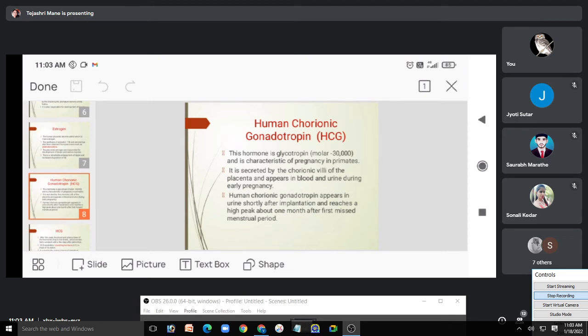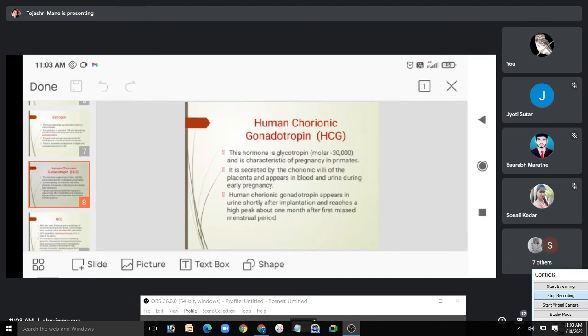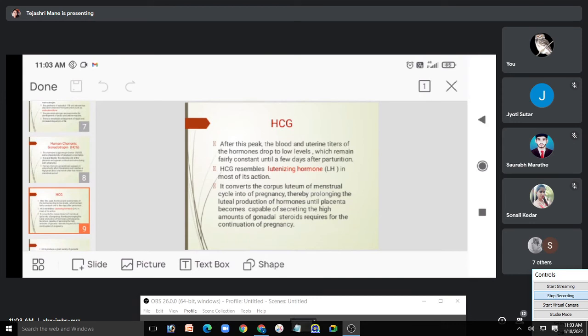Human chorionic gonadotropin appears in urine shortly after implantation and reaches a high peak about 1 month after the first missed menstrual period. After this peak, the blood and urinary titers of the hormone drop to low levels which remain fairly constant until a few days after parturition.